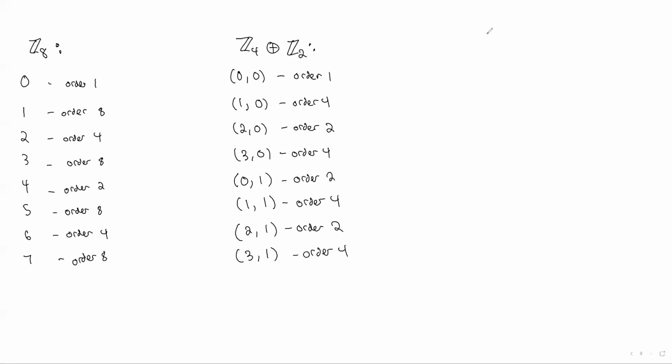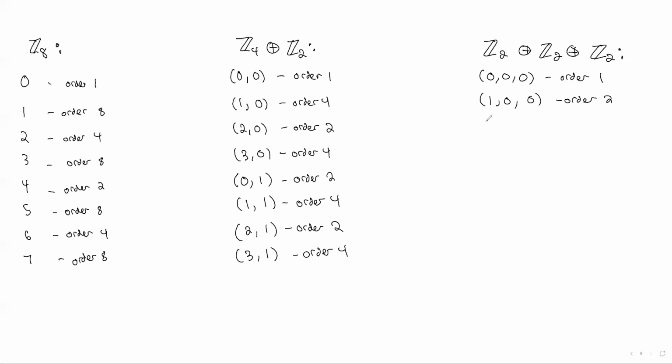Okay, what about Z2 plus Z2 plus Z2? This is also way different. (0, 0, 0), again order 1, it's just the identity. But what about (1, 0, 0)? That's order 2.